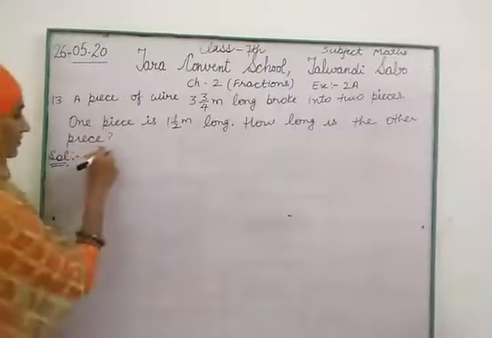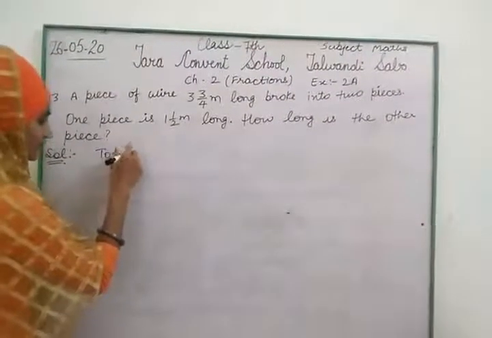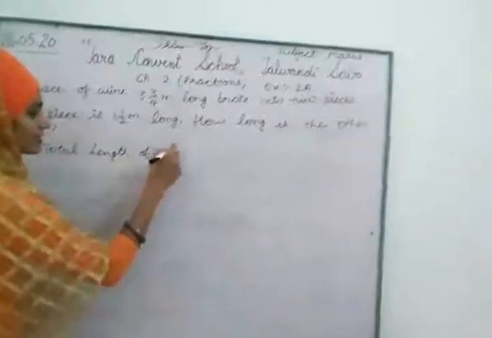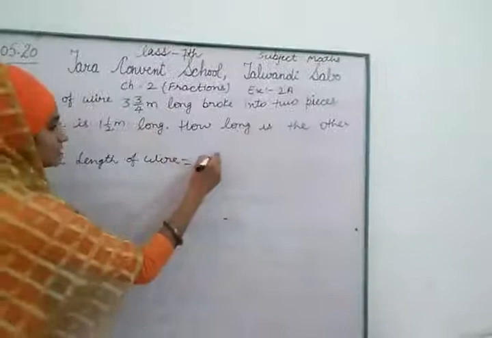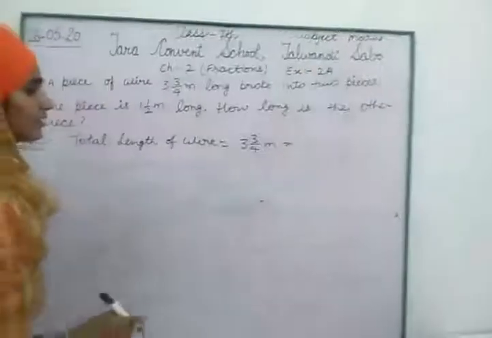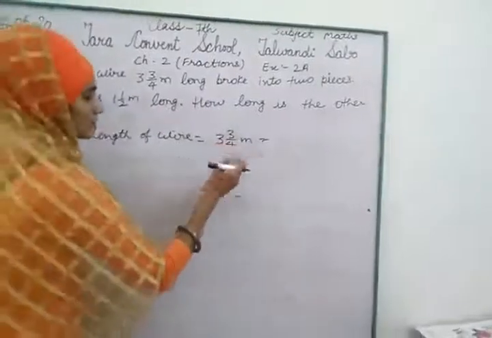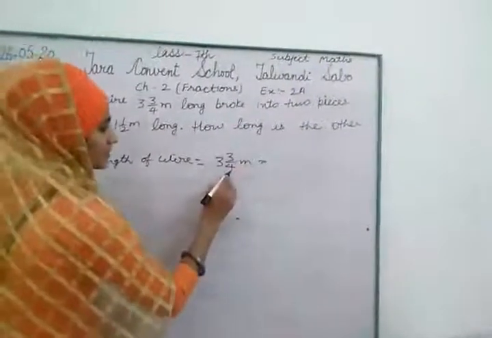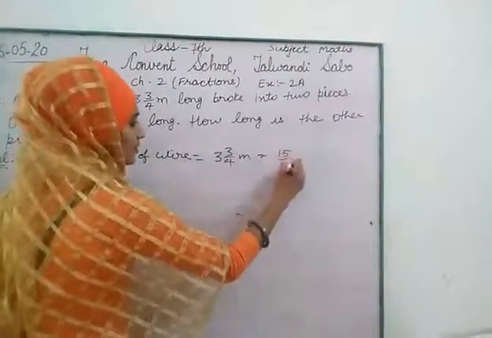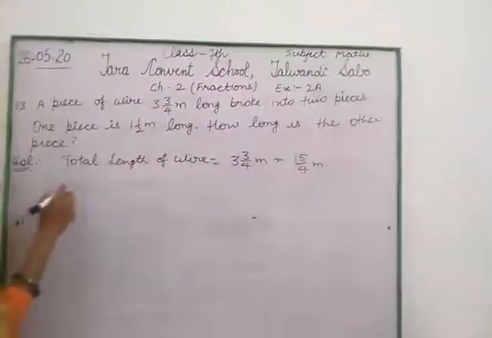So total length of wire is equal to 3 and 3/4 meter long. Now it's in mixed fraction, changing to single fraction. 3 fours are 12, 12 plus 3, 15 upon 4 meter.